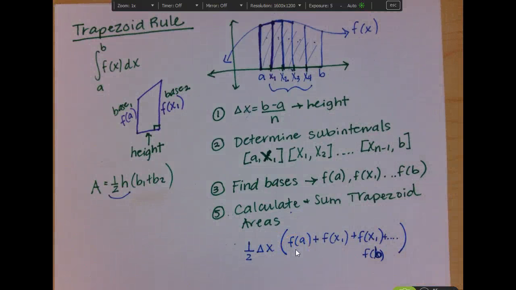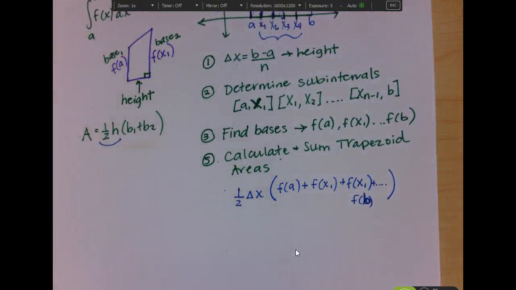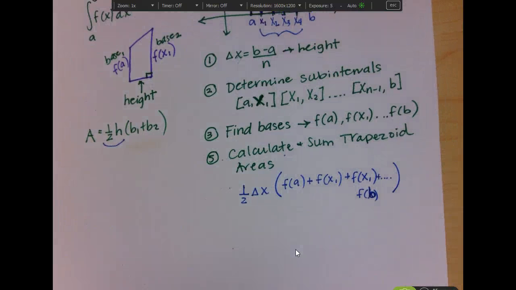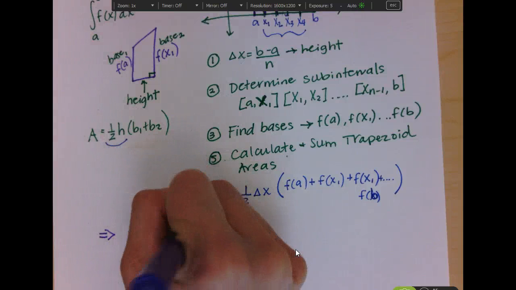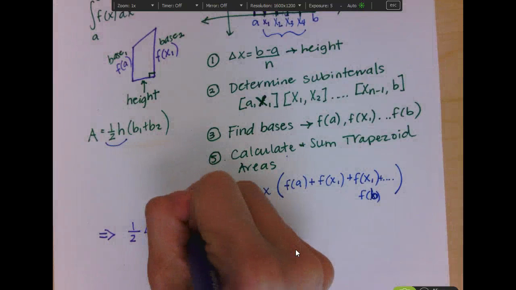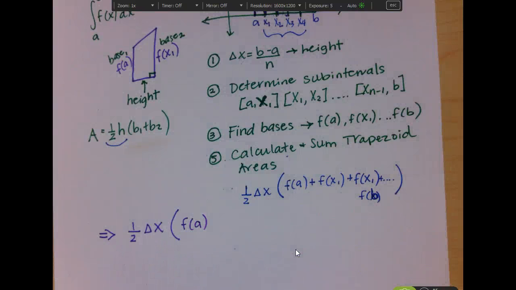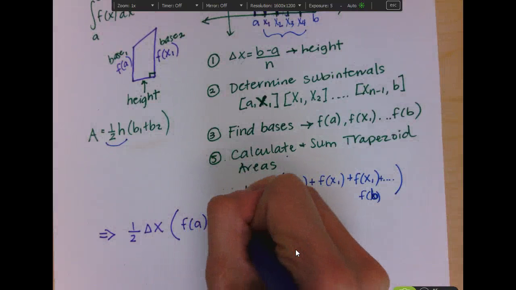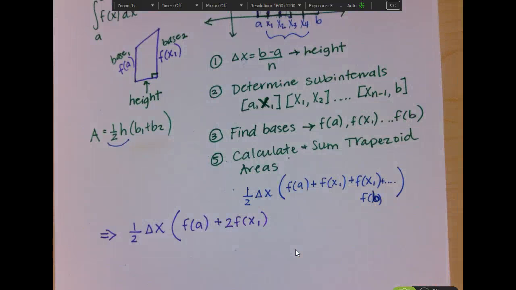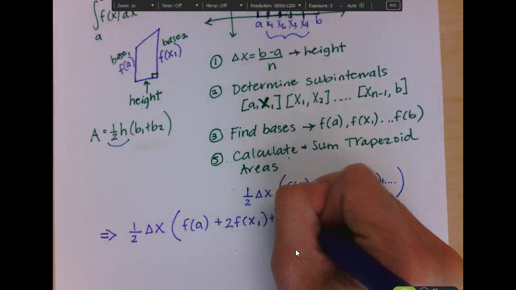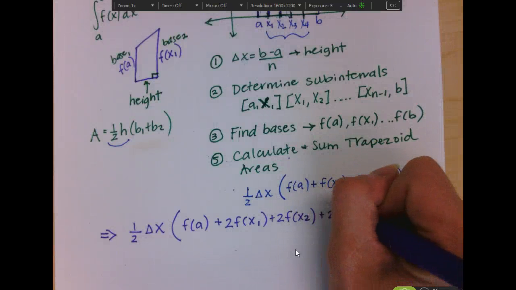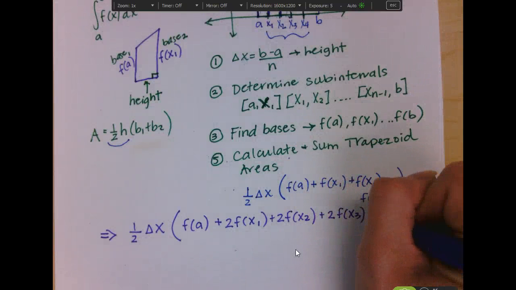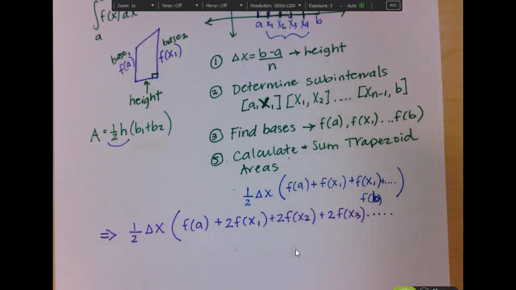Okay, so this is kind of sloppy. Let me rewrite it in a more clear way. So we have 1/2 delta x, half the height. I've got my leftmost base that I only count once. I've got 2 times f of x sub 1, 2 times f of x sub 2, 2 times f of x sub 3, on and on.